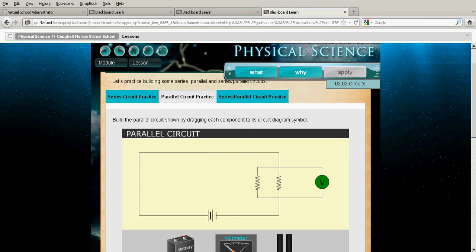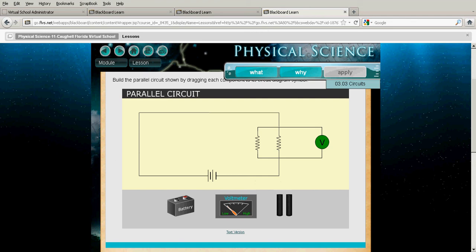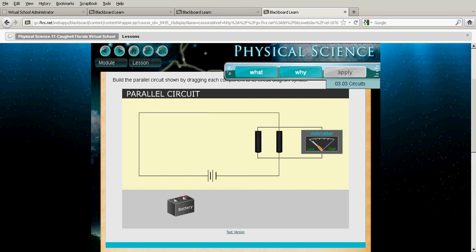Now, a parallel circuit is different. A parallel circuit is when we're going to have multiple ways of producing the electricity. So if one burns out, it'll just go a different route to make it work. We have the voltmeter for V, and we know the squiggly lines are for the resistors, and the lines here are for our battery.